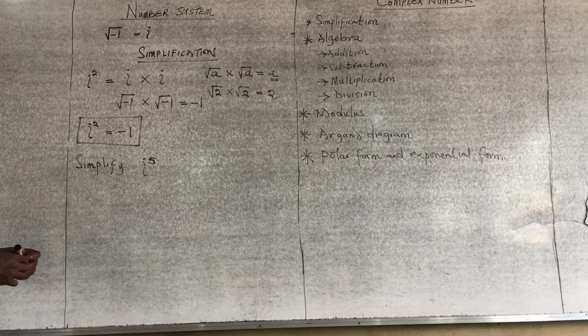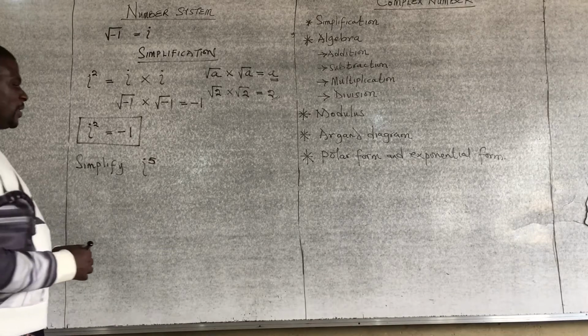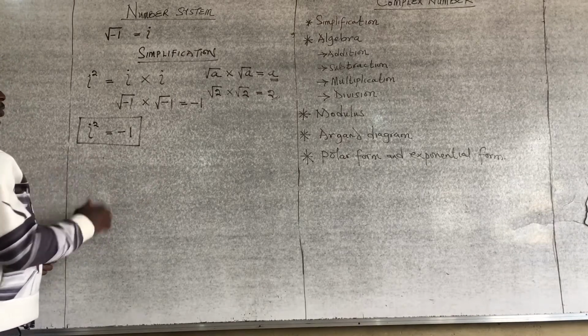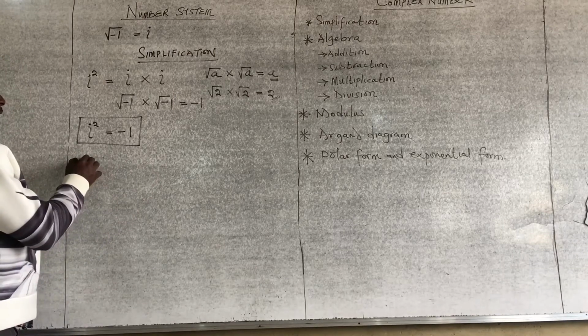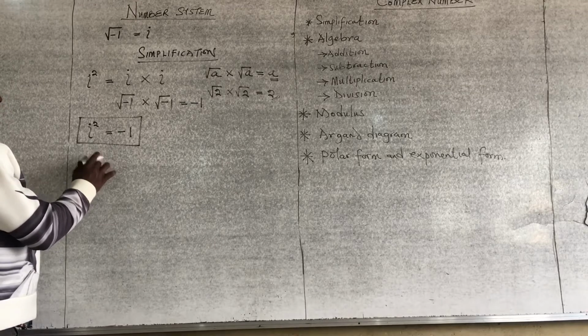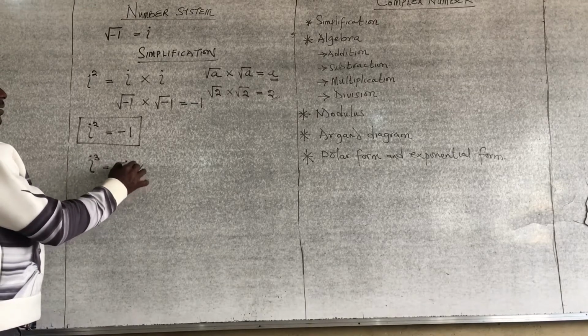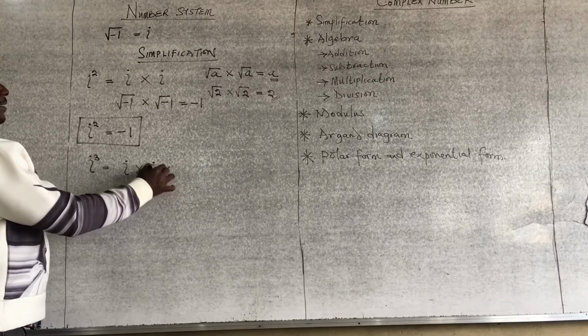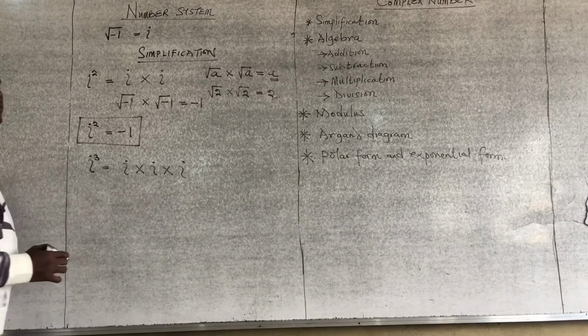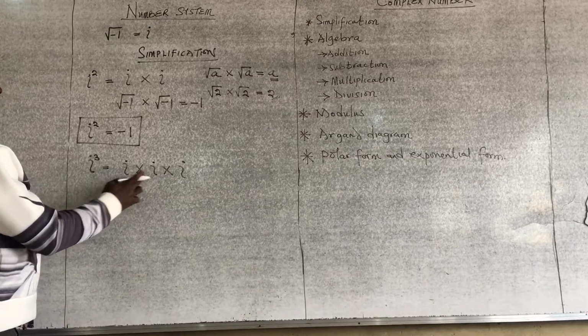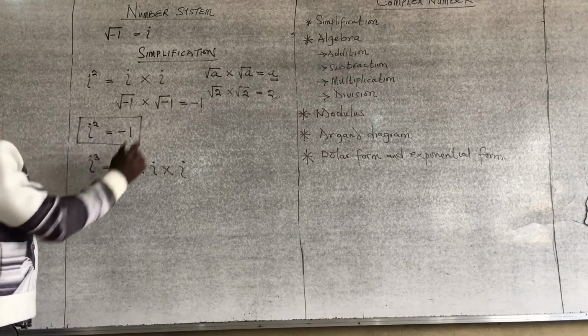Now another thing I have to quickly explain before I do this is, let's assume that you have i cube and you want to simplify. i cube means i times i times i. And you already know that i times i, which is i squared, is minus 1.